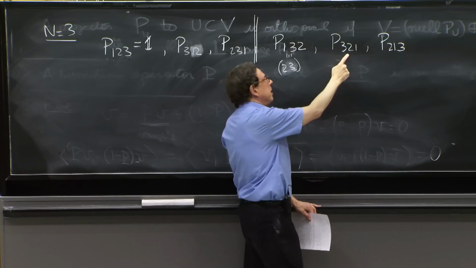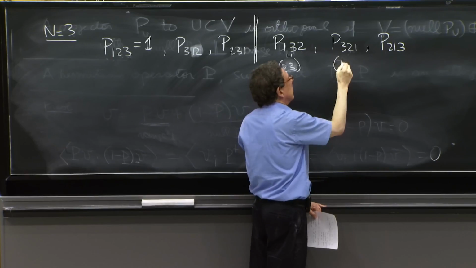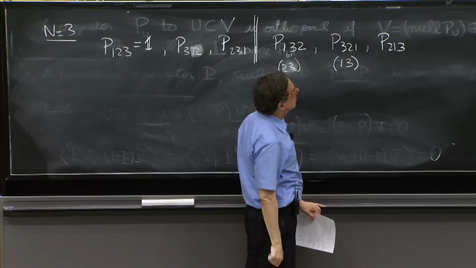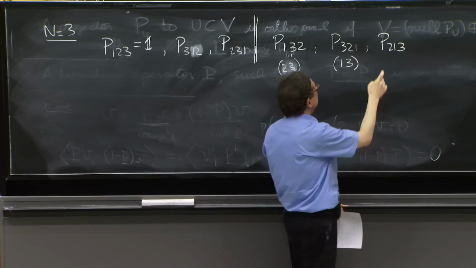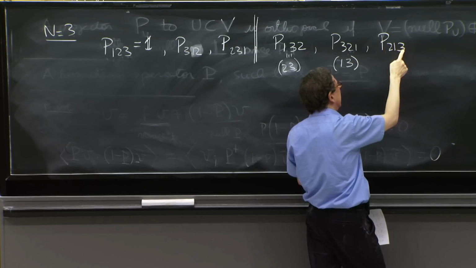In this permutation operator, the 2 is left invariant. The second state is copied to the second position. But the 1 and 3 are exchanged, so this is a transposition of 1 and 3. And in this last permutation operator, the third state is left invariant on the third position.